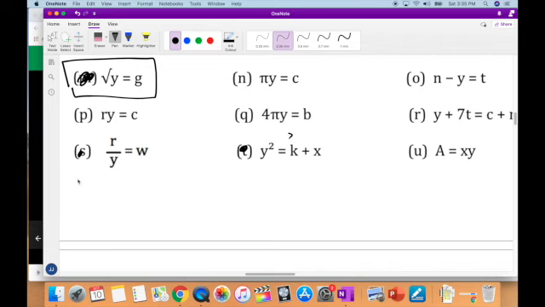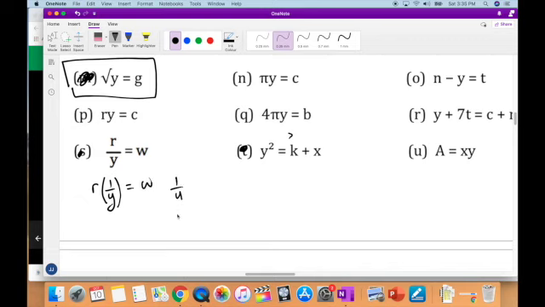I just transpose the R and it'll become divide by R. You could transpose the R, but remember, this is a fraction, so it can also be seen as R multiplied by 1 over Y, which is equal to W. So if you transpose the R, it is being multiplied.